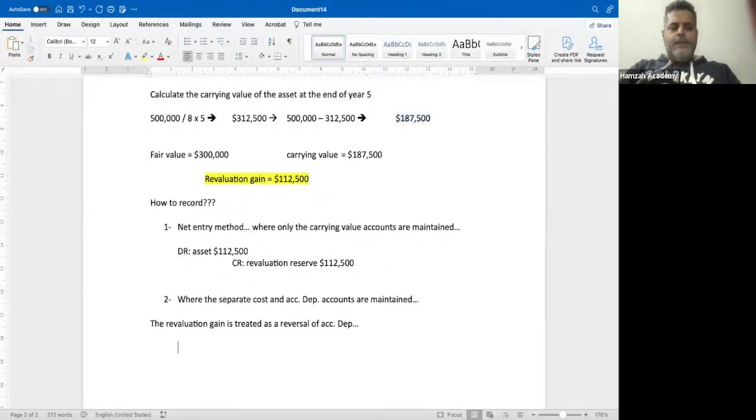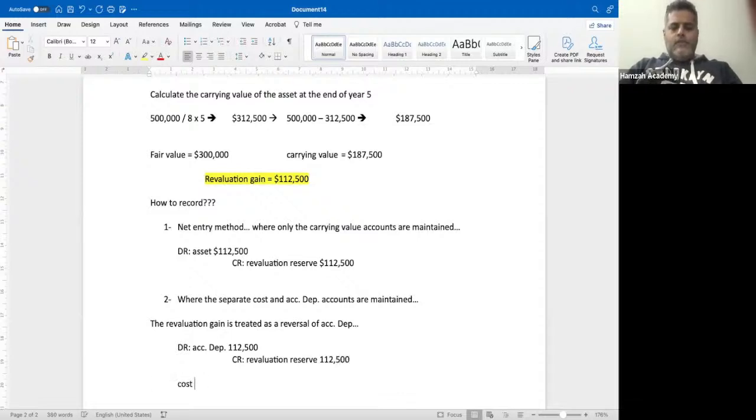So over here, the double entry is going to be: we debit the accumulated depreciation by 112,500 and credit the revaluation reserve with 112,500.